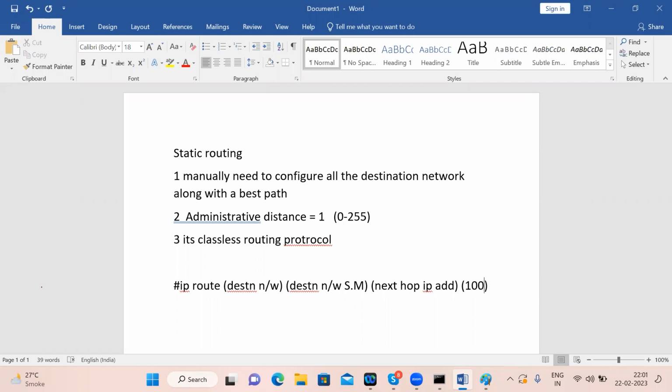Then we will make one small lab on it, not a big one, and we will do it together. Everyone agreed? Okay, do it by yourself. If you are not able to do it, let me know, and we will do it together.